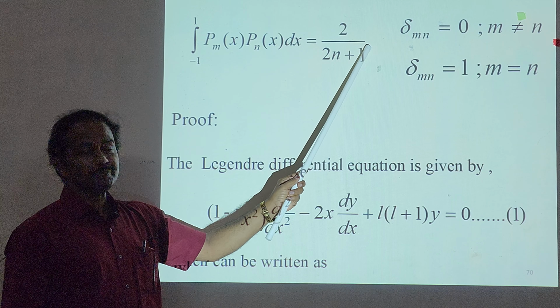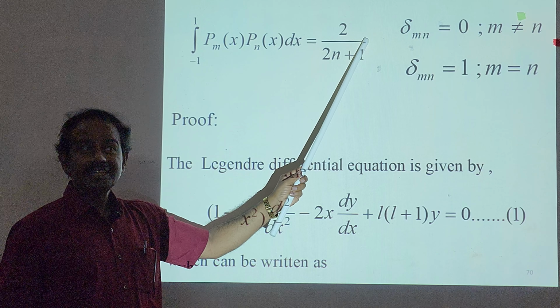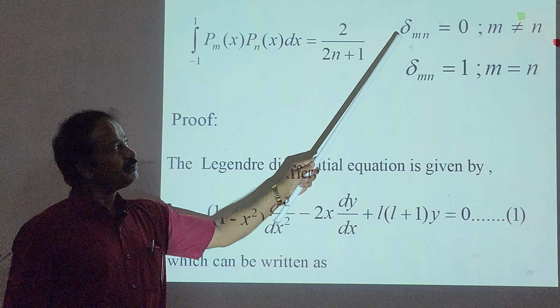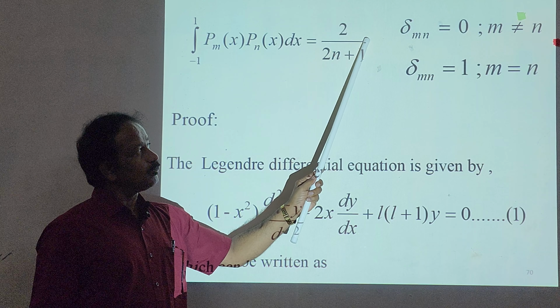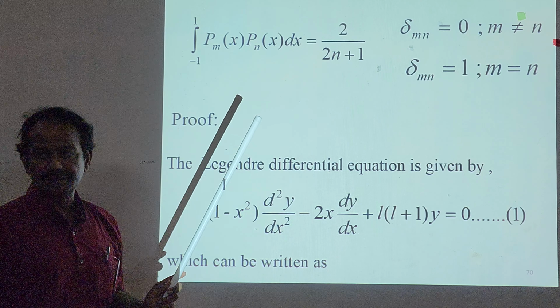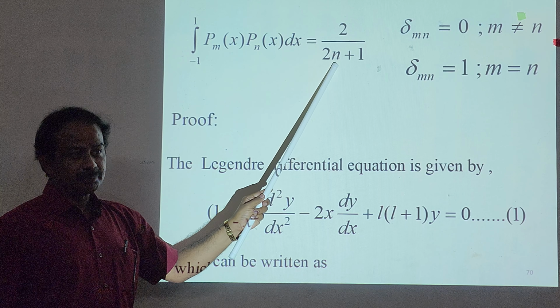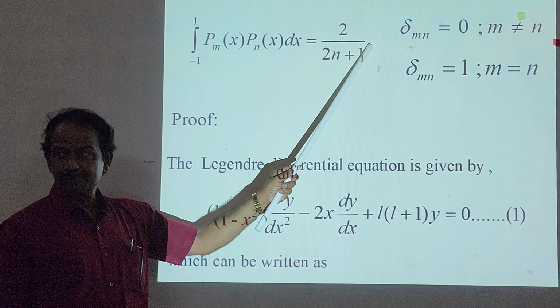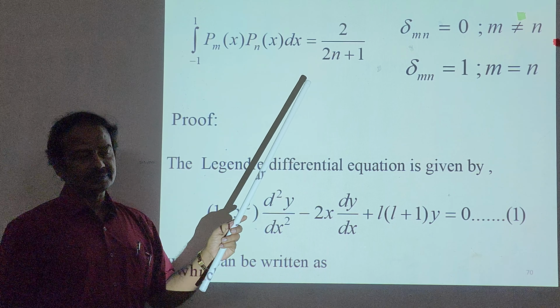Here there must be delta mn. That is, 2 divided by 2n plus 1 times delta mn. Delta mn equals 0 when m is not equal to n, and delta mn equals 1 when m equals n. So this is 2 divided by 2n plus 1 times delta mn. It was missing there, so together we can write it.